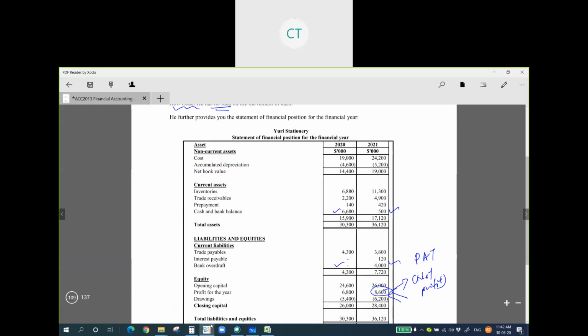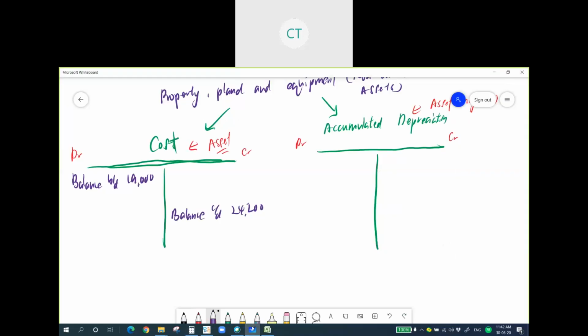The opening is 4,600 and the closing is 5,200. Right, this is the opening and closing balances.